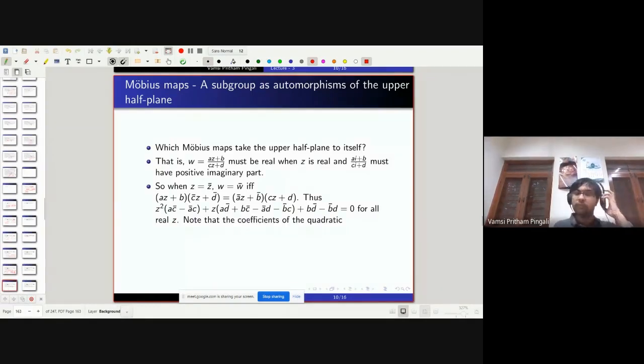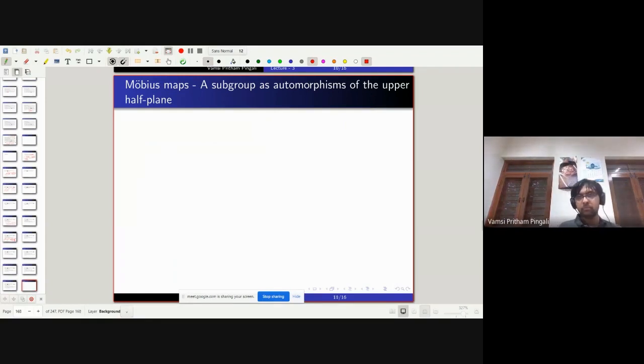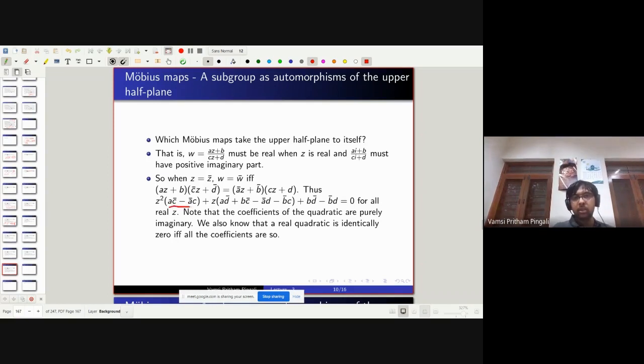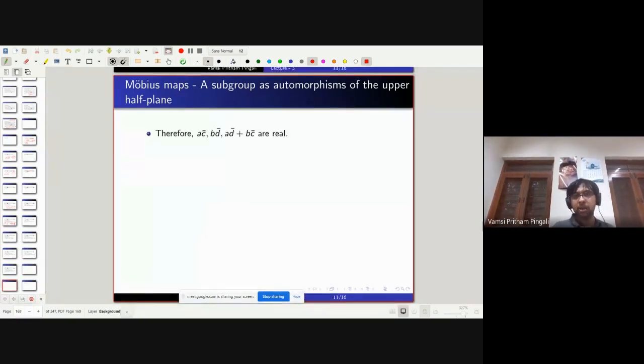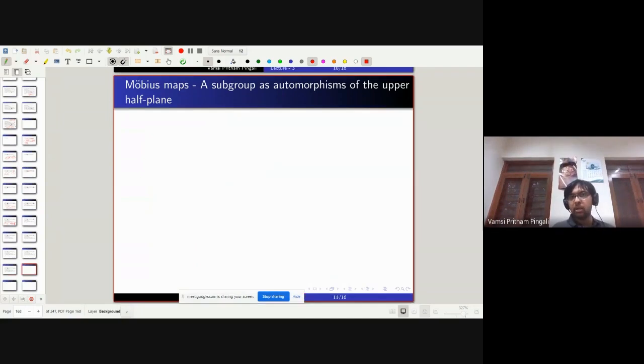Note that the coefficients of the quadratic are purely imaginary. We also know that a real quadratic is identically 0 if and only if all its coefficients are 0. That means AC bar equals A bar C, so AC bar is real. AD bar plus BC bar equals A bar D plus B bar C, which means this is real.